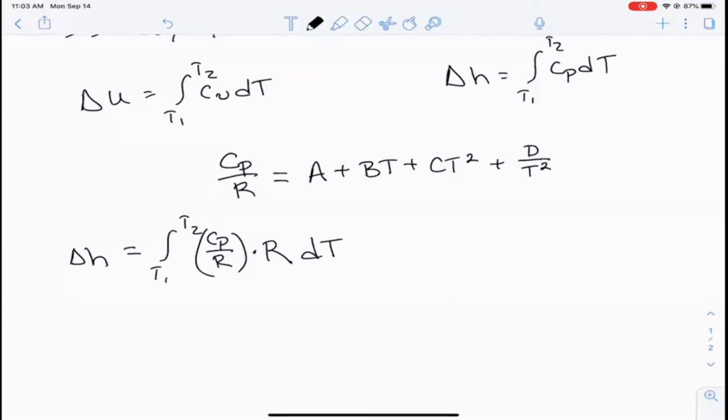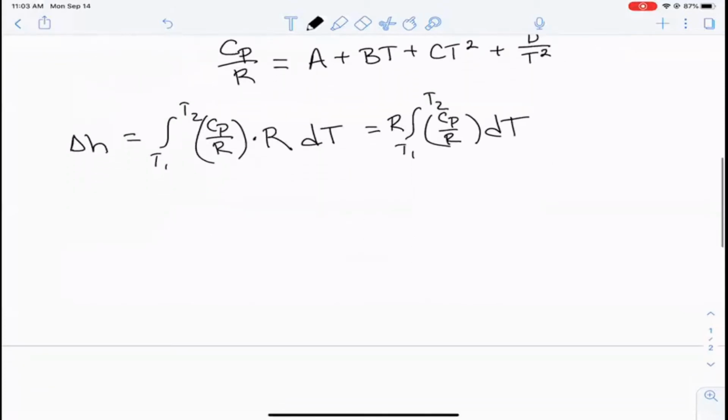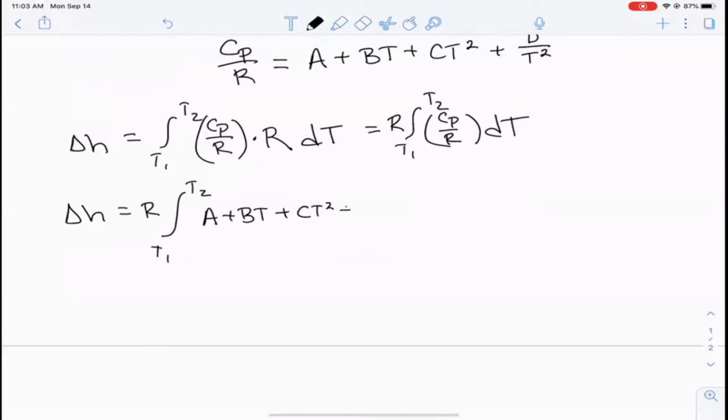And that R is going to come outside of the integral, so that's just R times the integral from T1 to T2 of Cp over R dT. So delta H is R times the integral from T1 to T2 of A plus BT plus CT squared plus D divided by T squared dT.